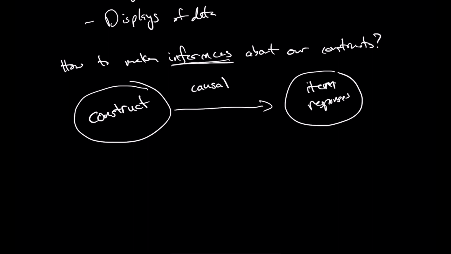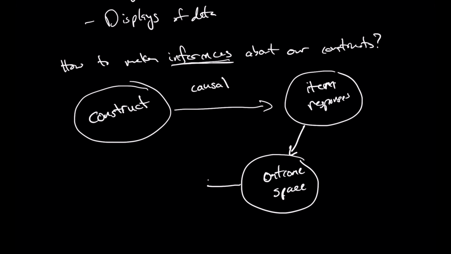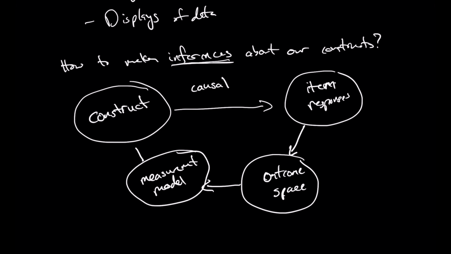And then we, as measurement theorists and developers, use those item responses as a way of thinking about our outcome space. And our outcome space is, basically, what are the individual types of responses that we can get? We utilize that using a measurement model. And you can probably see where this is going. Then we use our measurement model to make an inference about our construct.